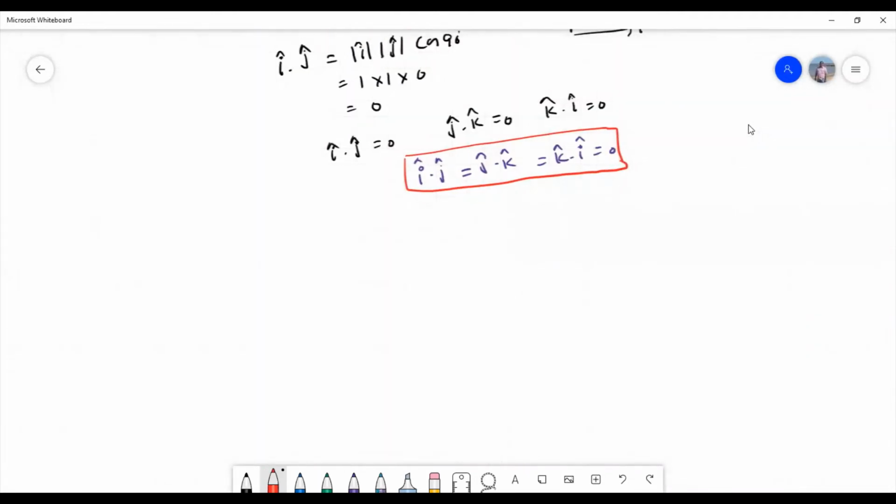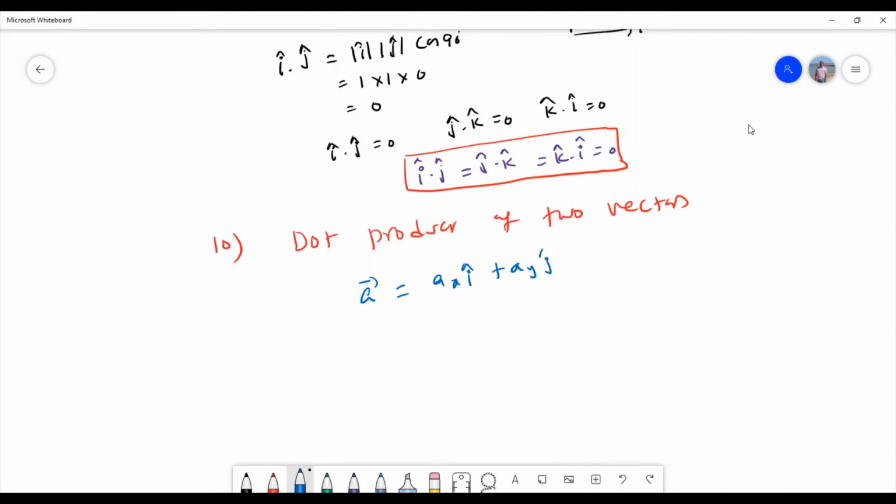Now let's see the dot product of two vectors. Suppose I have A bar given as AX I cap plus AY J cap plus AZ K cap, and B bar is BX I cap plus BY J cap plus BZ K cap.